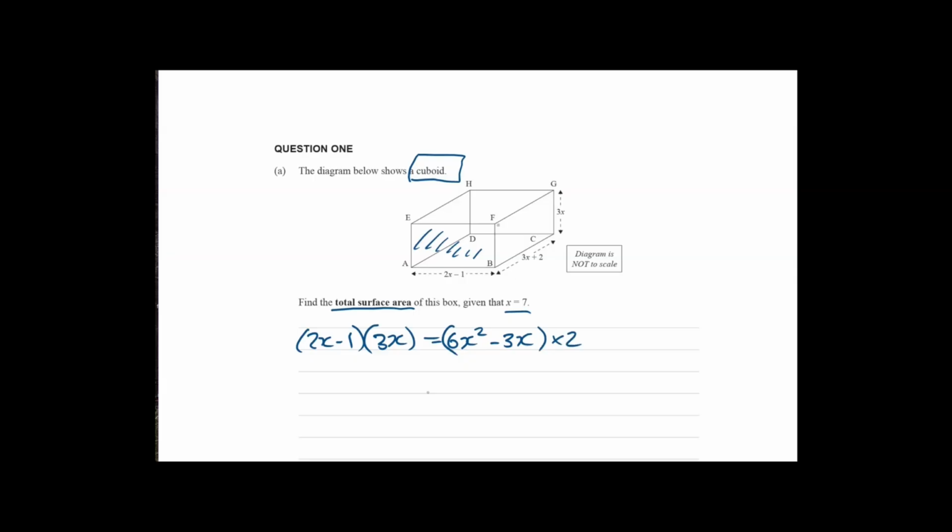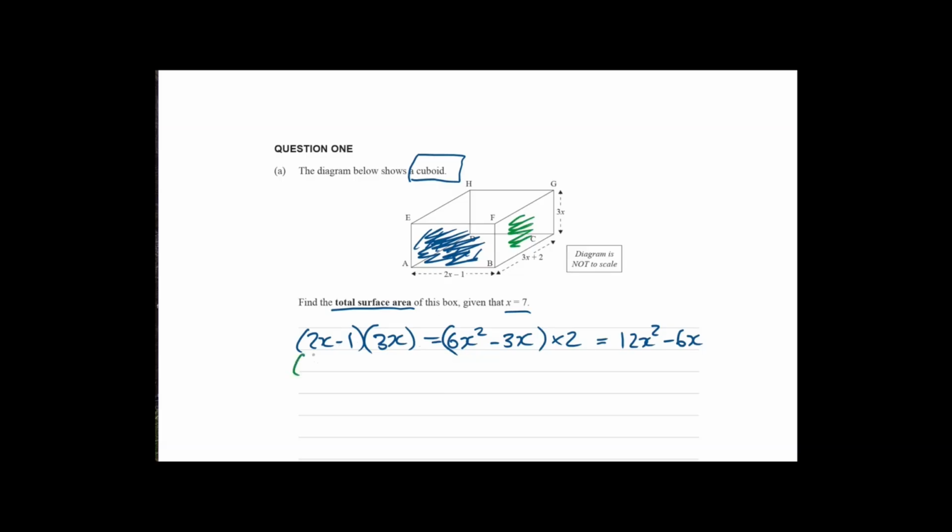6x squared minus 3x is this side here, but there's another one on the other side, so we need to multiply it again. That's going to be 12x squared minus 6x. So that's two of the sides. Let's use the green one now. This is the side here, and there's another on the other side as well.